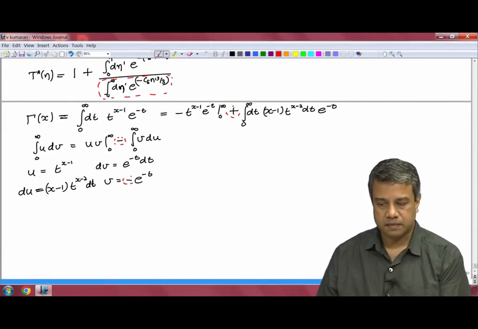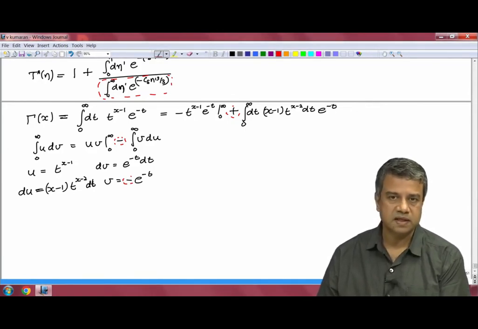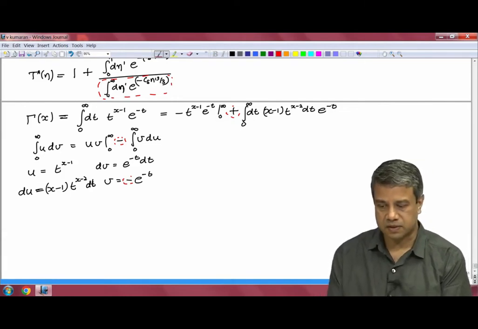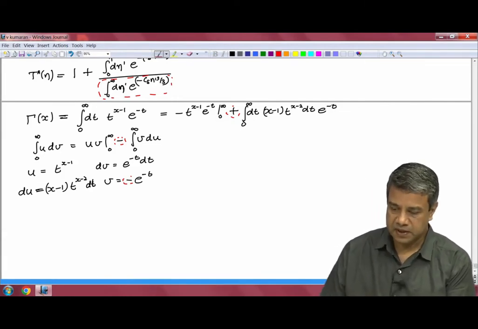The first term, t power x minus 1 e power minus t, at t is equal to 0 is 0 if x is greater than 1. As t goes to infinity, this is also 0 because the exponential decreases to 0 as t goes to infinity.